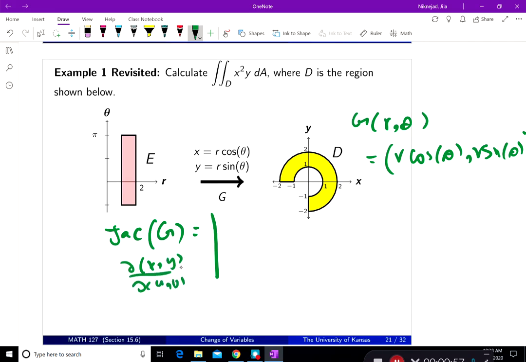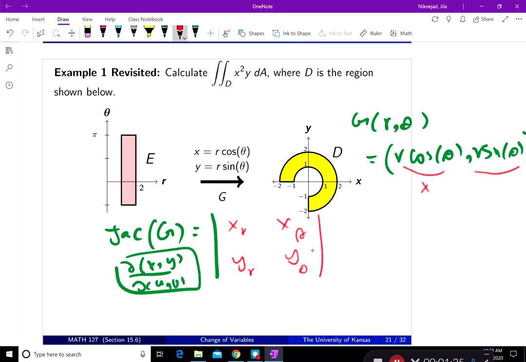It doesn't tell you how the act is happening, but this tells you a lot more information if you write it as the determinant. So it's the determinant of x with respect to r, x with respect to theta, and y with respect to r, y with respect to theta, those partials.